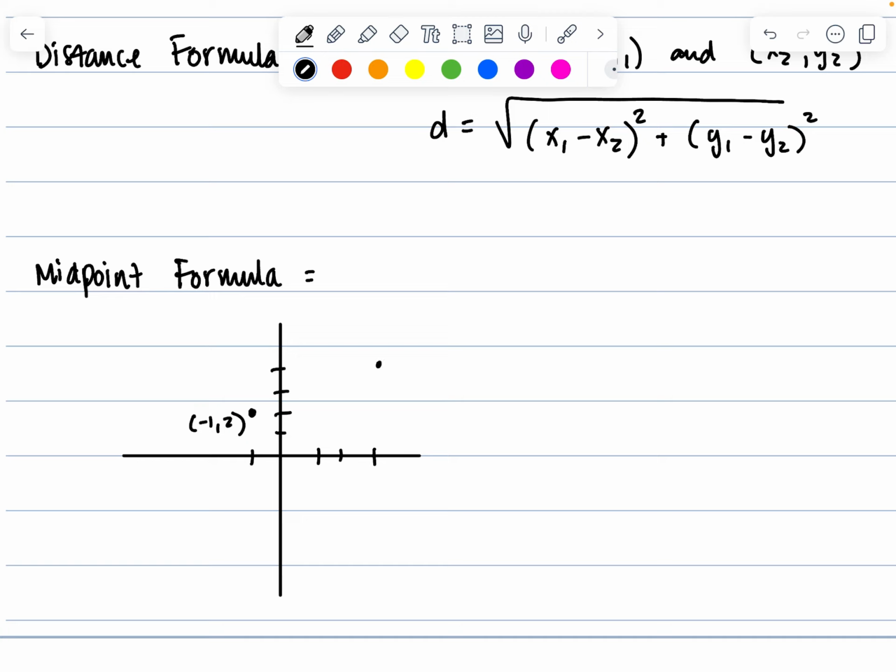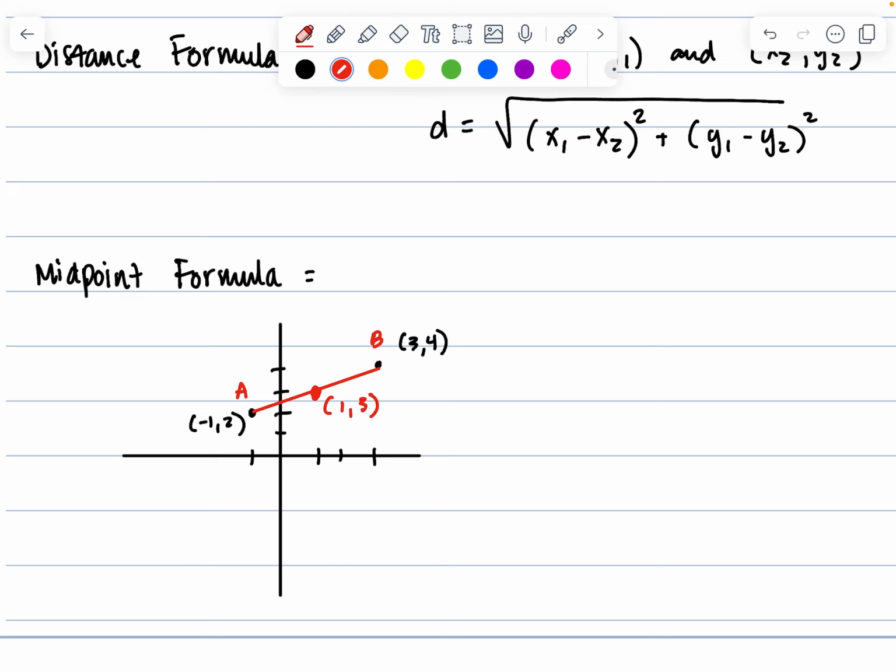Bring 2 more up. These are the points. This is 3, 4: 3 to the right, 4 up. What is this distance from point A to point B? Okay, and what's the midpoint? Well, we could probably guess around here. This looks like it's about 1, 3.